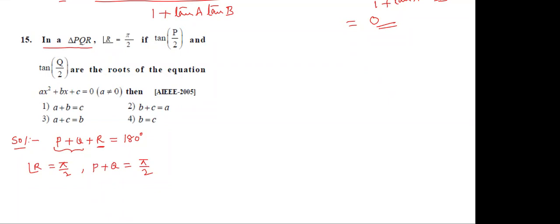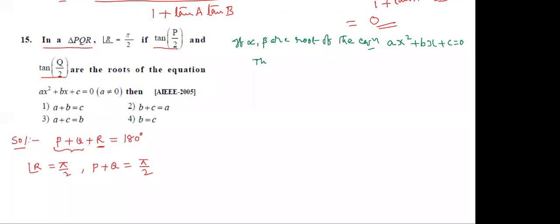But here they have given one condition: tan p by 2, tan q by 2 are roots of the equation ax square plus bx plus c is equal to 0. Then we know the formula: alpha, beta are roots of the equation ax square plus bx plus c is equal to 0.